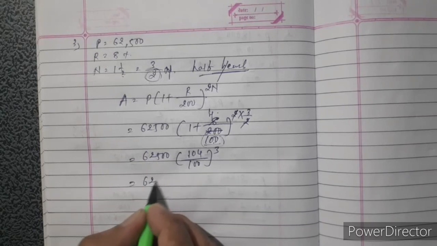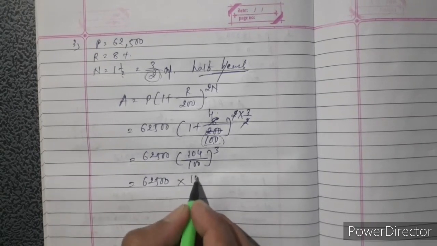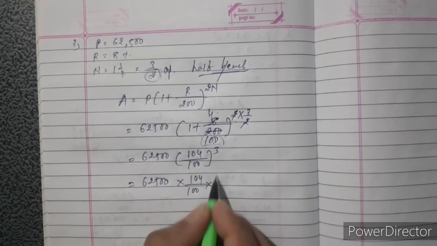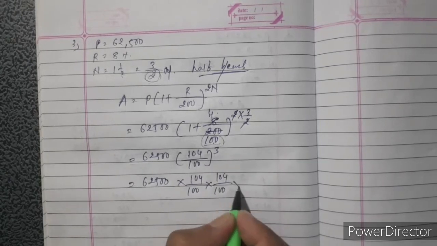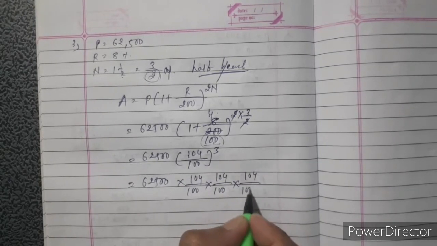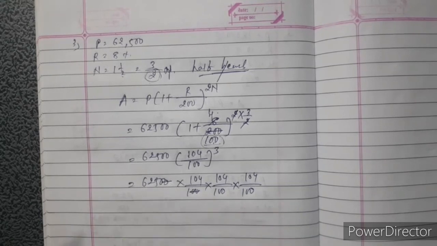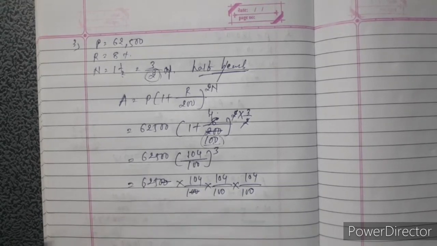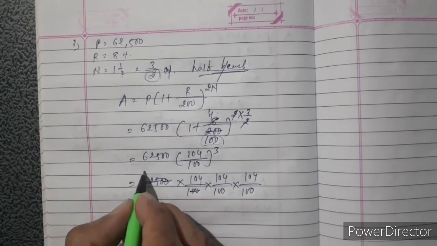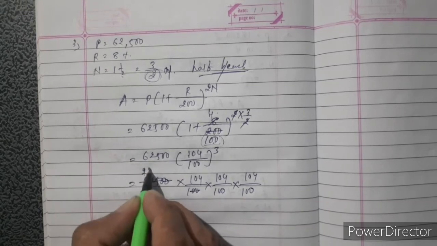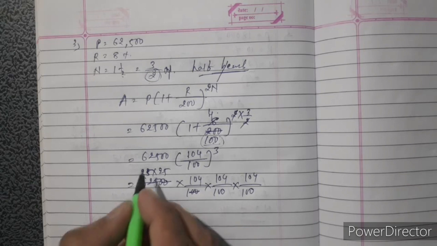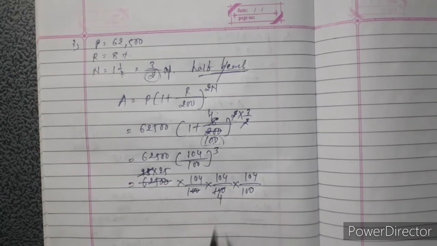So 62500 into 104 divided by 100 into 104 divided by 100, 3 times is there, divided by 100, 20 cut. Now 625, that is 25 into 25, we know that is the square of 25. Okay, so 25 fours are.